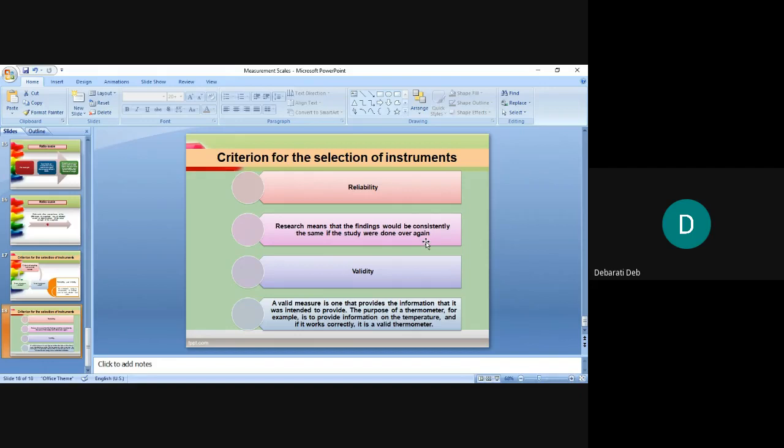The purpose of a thermometer is to provide information on temperature, and if it works correctly, it is a valid thermometer. It should not give information related to the weight of the person. The job of a thermometer is to show temperature only. Then only your research is valid.